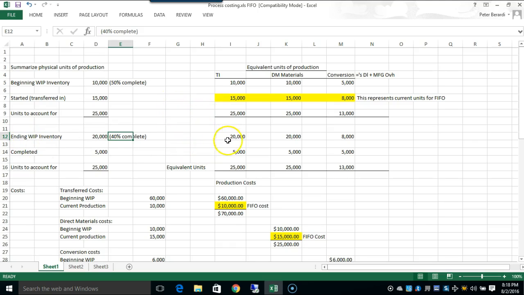For transferred in, here's how I would approach doing this first. Work on the bottom half of your physical units first, and start with completed. Completed, we know as a physical unit is 5,000. Now we have to convert those 5,000 physical units into equivalent units. Completed inventory is always 100% for transferred in, direct materials, and conversion, because they are completed.